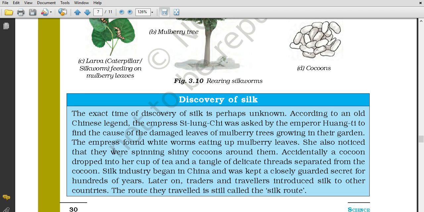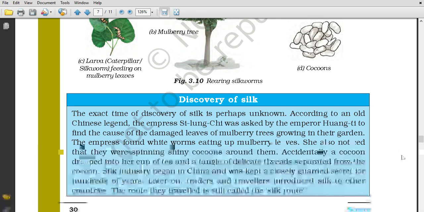Then she noticed that there were some spinning shiny cocoons around them, and inside those cocoons were moths. Accidentally, a cocoon dropped into a cup of tea, and a tangle of delicate threads separated from the cocoon.